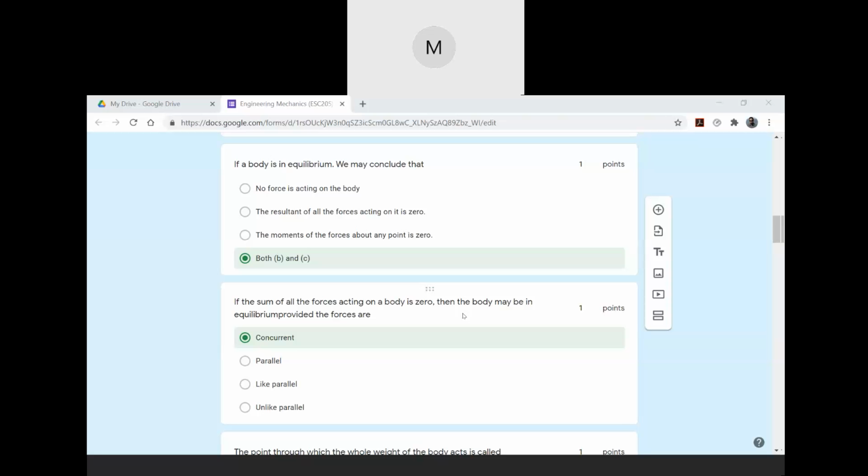If the sum of all the forces acting on a body is 0, then the body may be in equilibrium provided the forces are concurrent. Do you know what concurrent is?